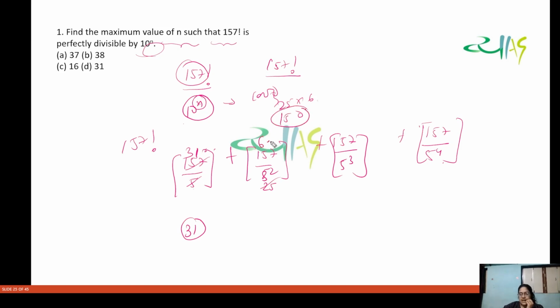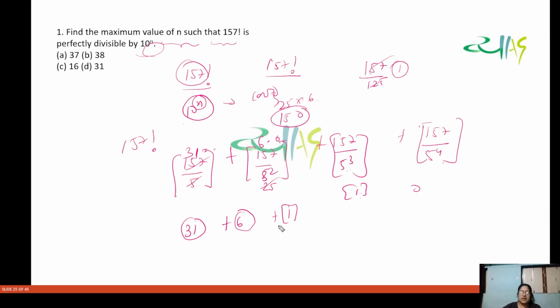So this will go 6 times, 6 point something. So this will become 6. All right, and this is what? 125. So 157 divided by 125. So obviously this will come 1, right? Because we have to find only the least integer here. So this will come to be 1. All right, 1. And this is obviously 0.